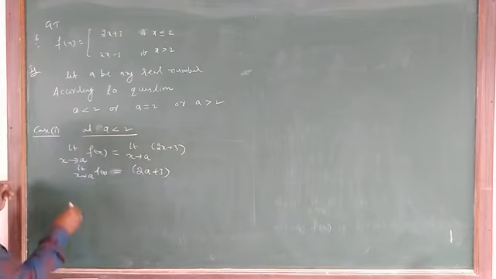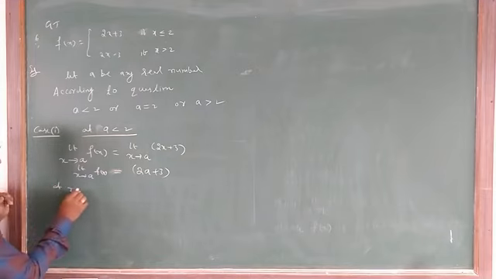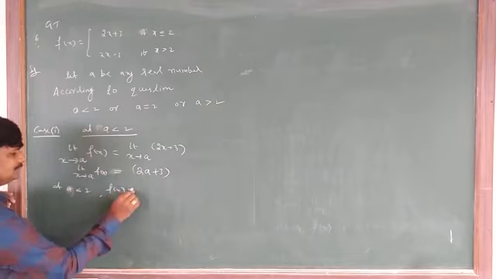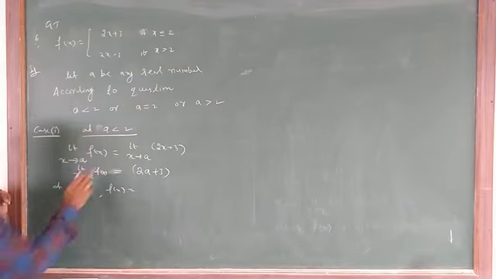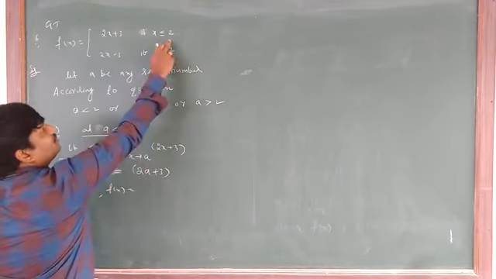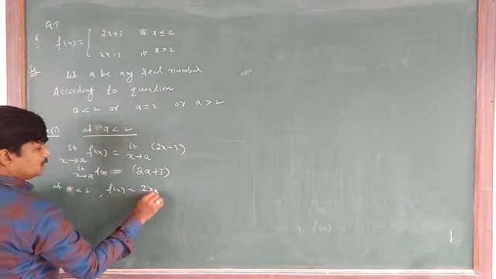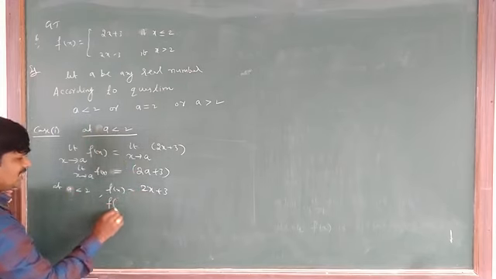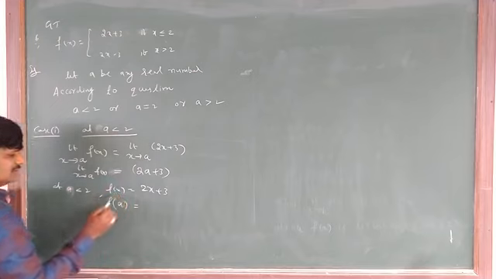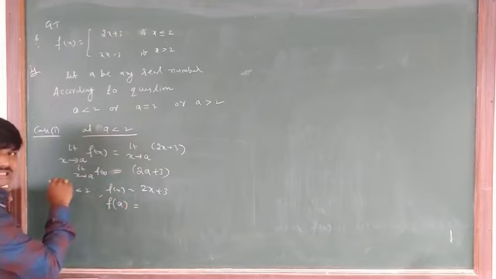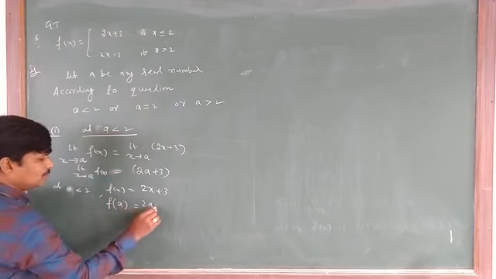Next, what do you find? At a less than 2, what is the function f of x here? For a real number left of 2, the function is 2x plus 3 only. So at a, the value is 2a plus 3.